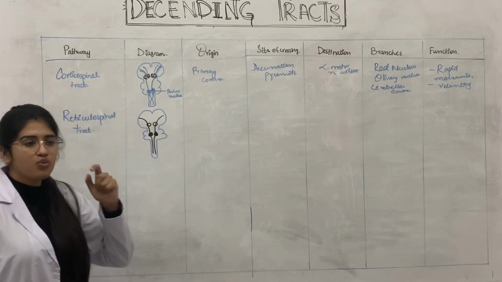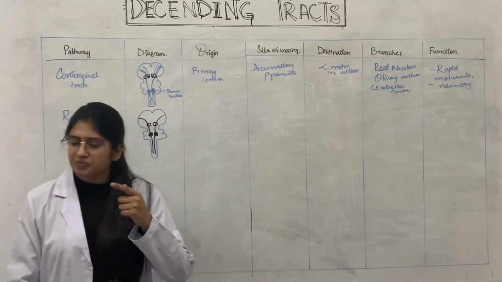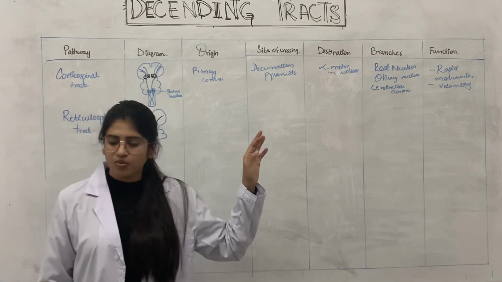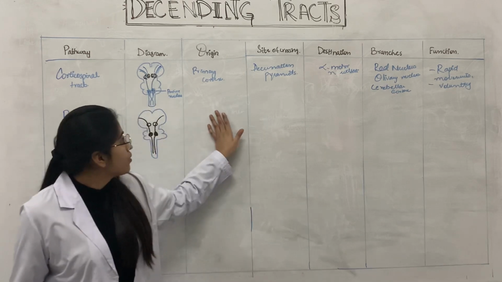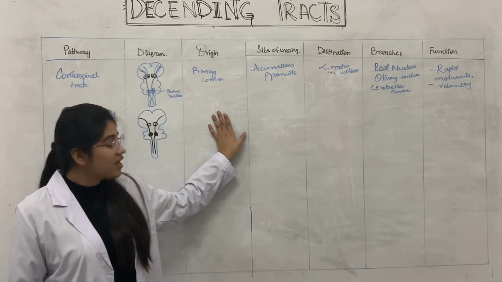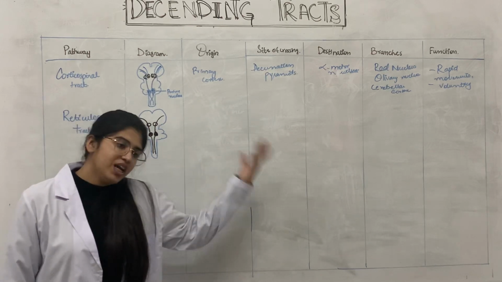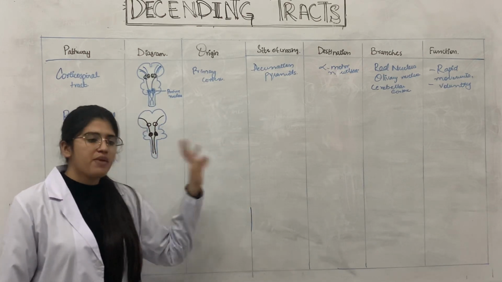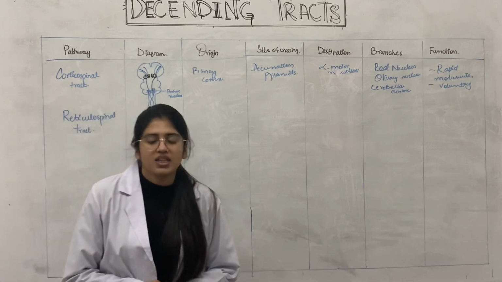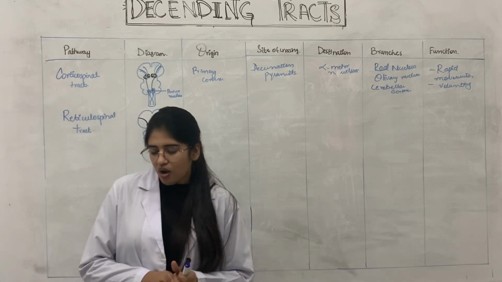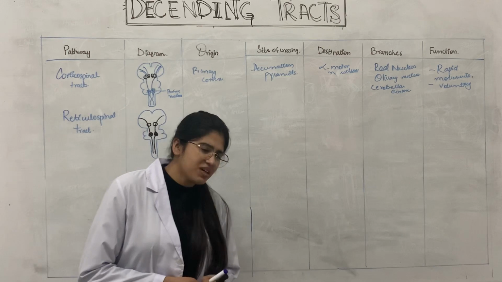Okay, so the origin would be from the cortex, and afterwards it will be going downwards, and what would be the site of crossing, will it be crossed or not? Actually, from now onwards there are tracts which would not cross. Actually, they would sometimes cross, sometimes not.